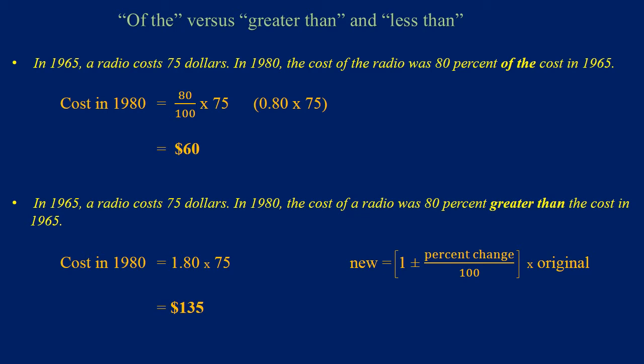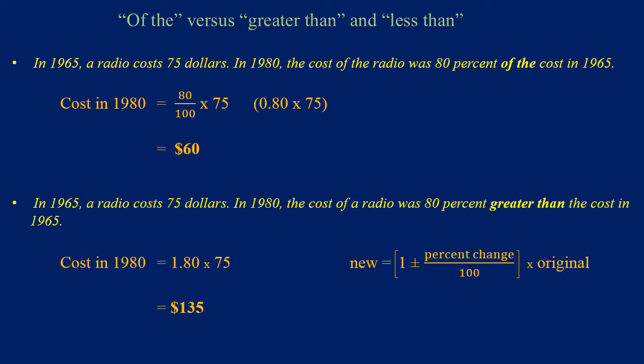Simple, right? This is equal to 80 over 100 into 75, or 0.80 into 75, which is equal to $60, right? If you just convert the statement into an equation, you will be able to solve the question very easily without confusing yourself.